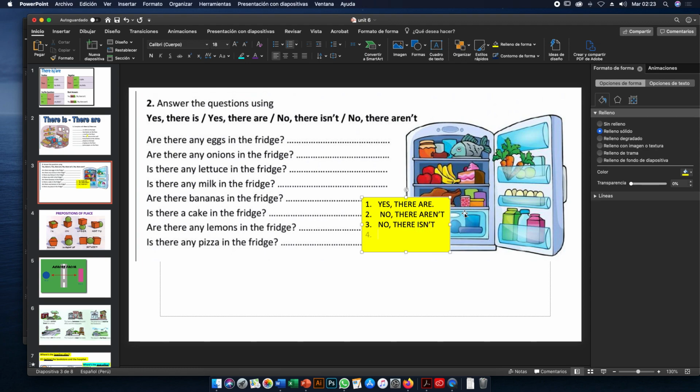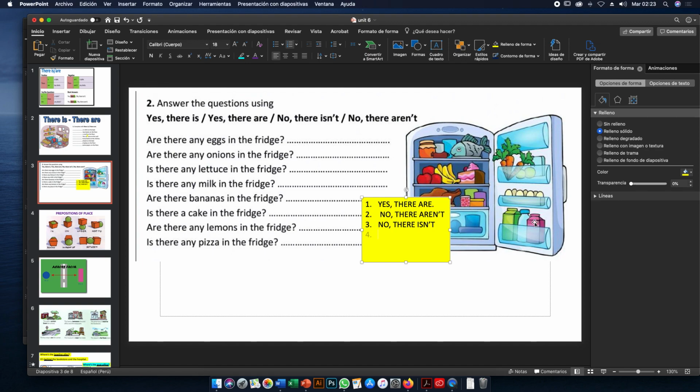As you can notice, if the question is with are there, the answer is going to be with there are. Are there any onions? No, there aren't. Is there? Yes, there is, or no, there isn't.